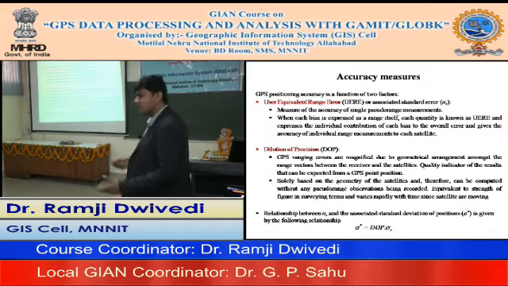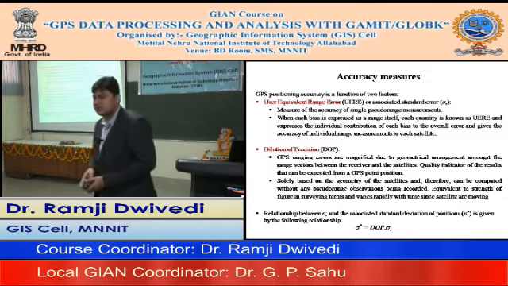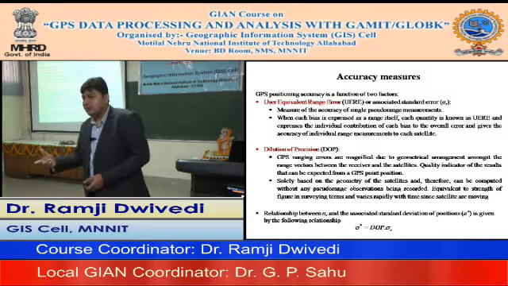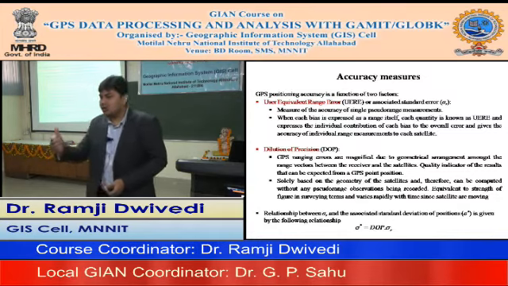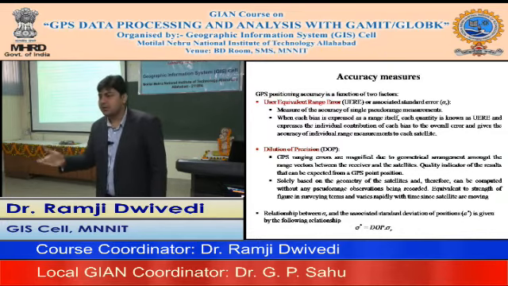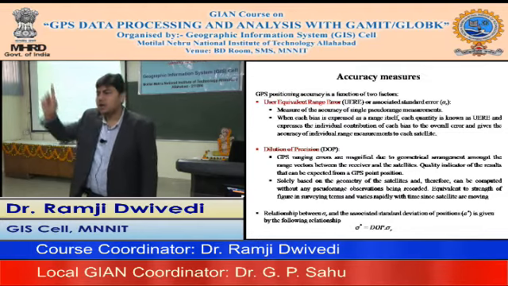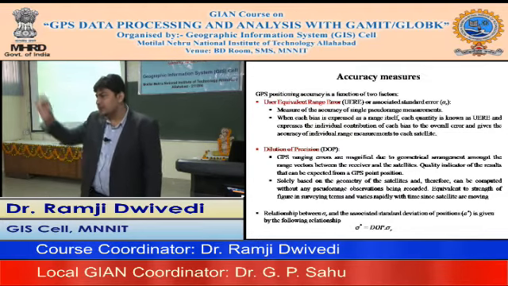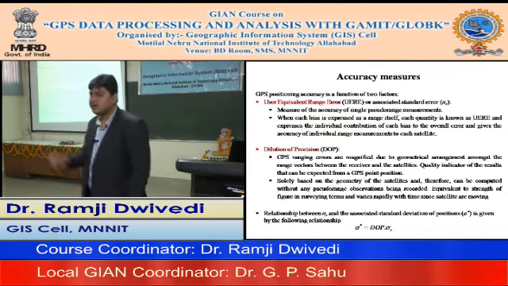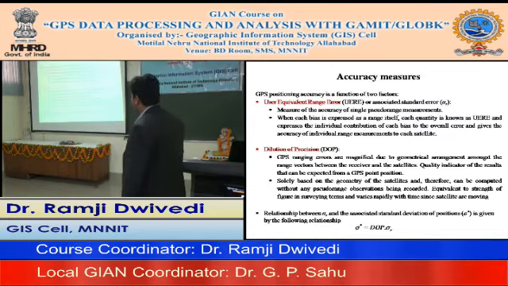I came across a piece of literature which says that, based on the almanac information, whenever you are going for field measurements, you could also see which satellites are coming at a given moment and at what time the geometry would be better. I would go for that particular session so that the results would be much better.